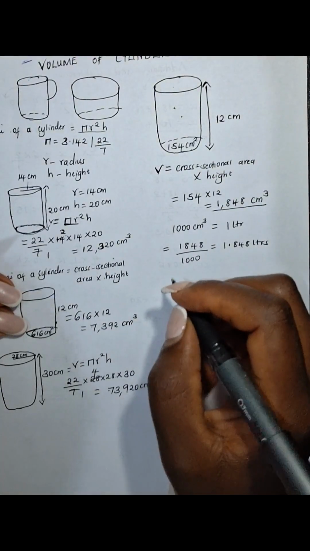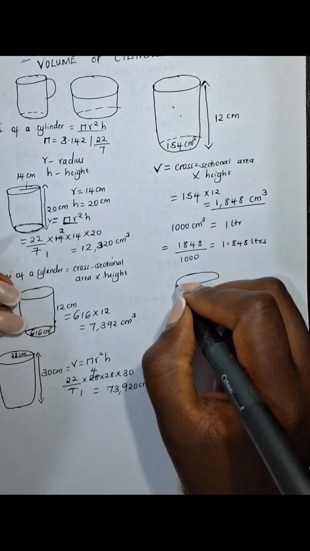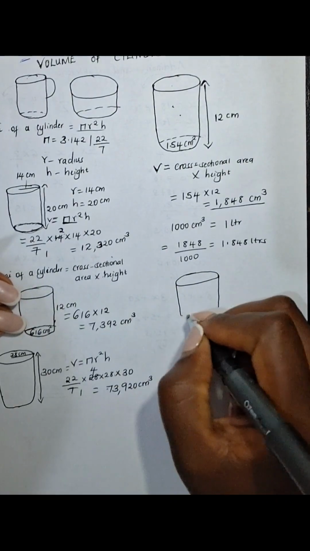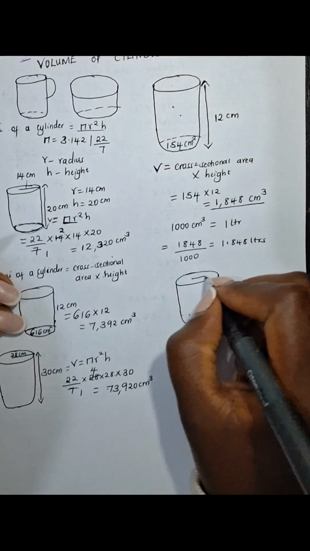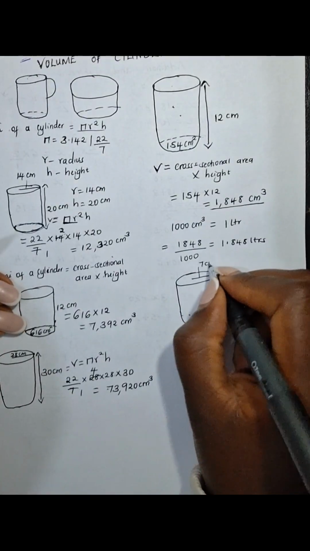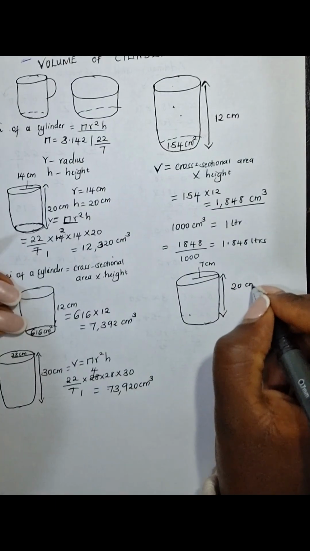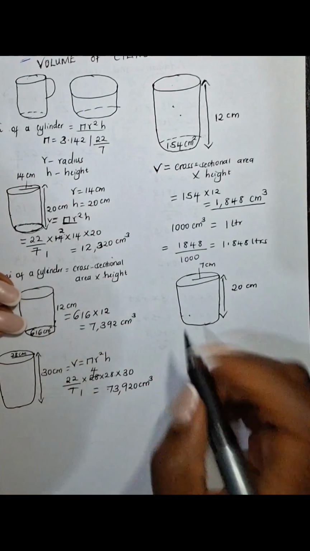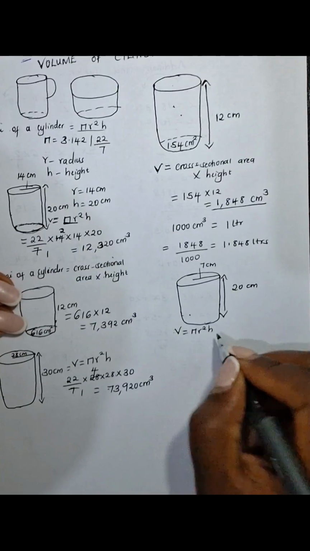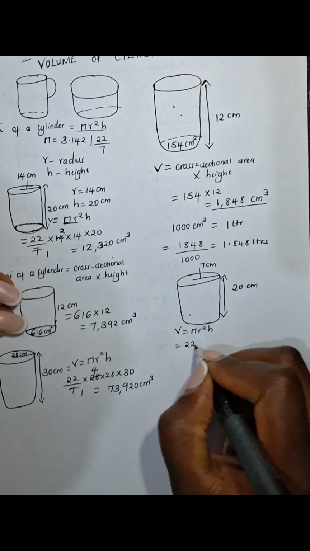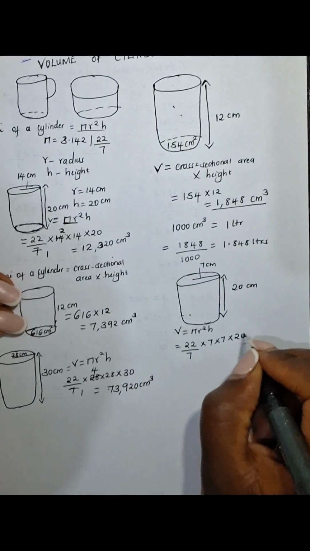Let's do a complete sum. Assume that we have this cylinder over here that has its radius as 7 centimeters and the height is 20 centimeters, okay? We know very well that volume is pi r squared height. So we write 22/7. You multiply by 7, then by 20.